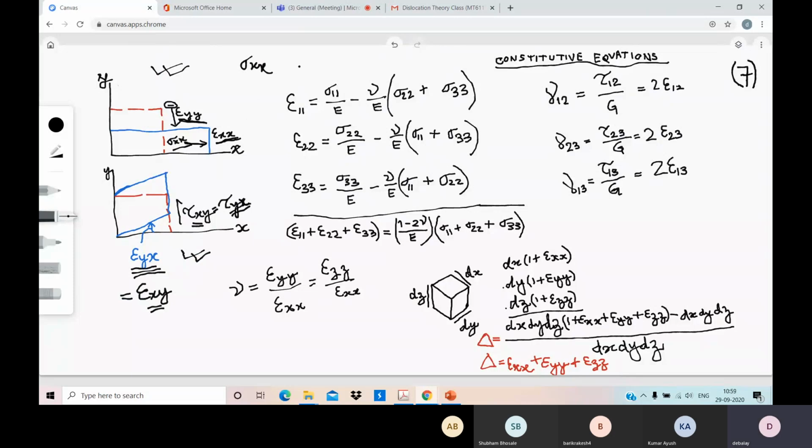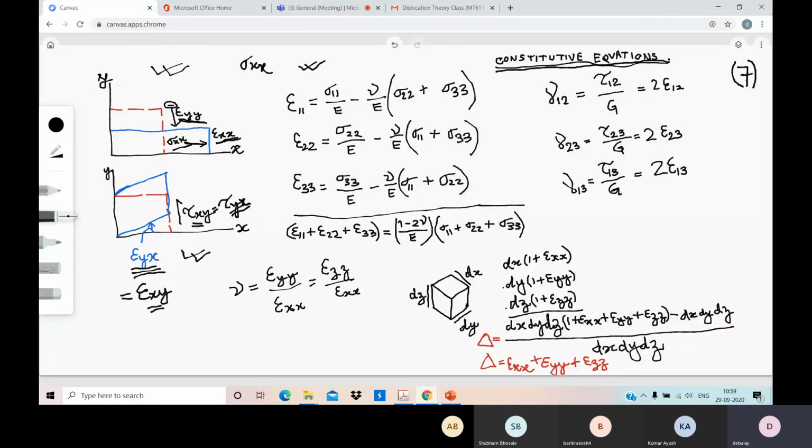So in general, the stress-strain relationship under elastic loading condition can be represented by these equations. The name of this set of equations is written here. Very important expressions. This is called constitutive equations, under elastic condition.